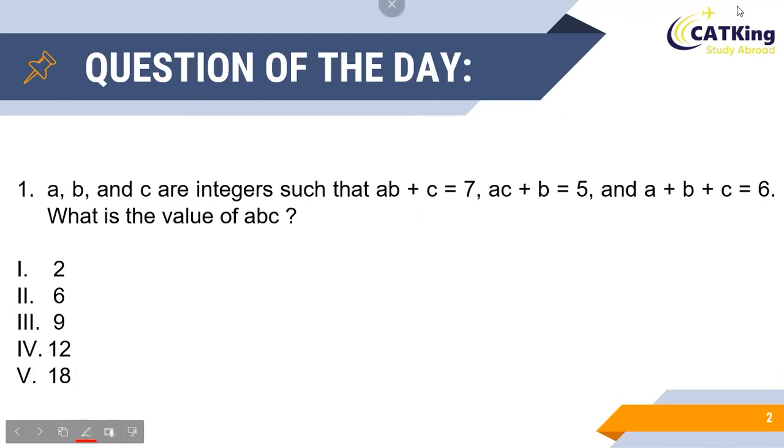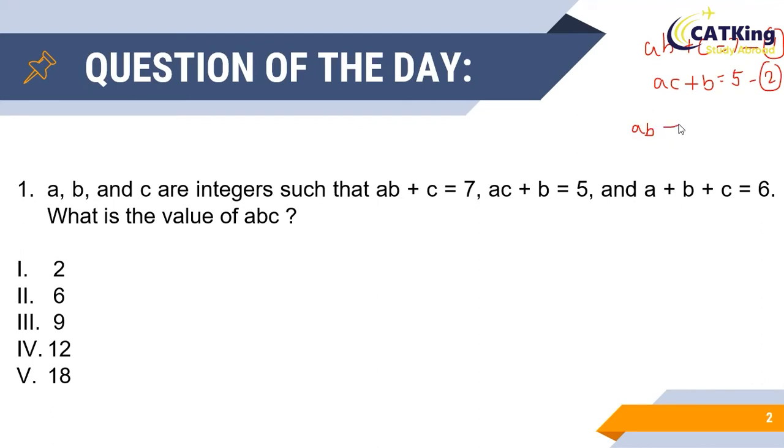So we have ab plus c is equal to 7. Let us call this equation 1. Next, we have ac plus b is equal to 5. Let us call this equation 2. On adding the two equations, we see ab plus ac plus b plus c is equal to 12.